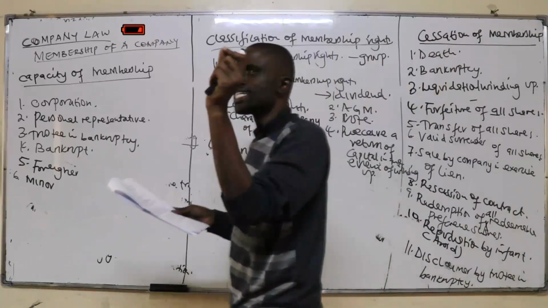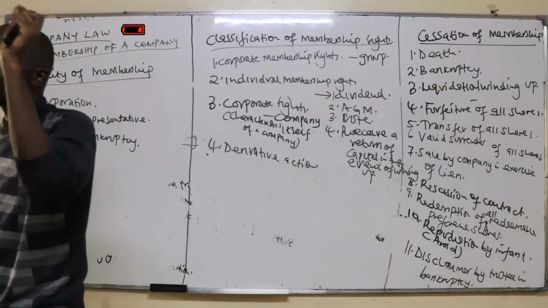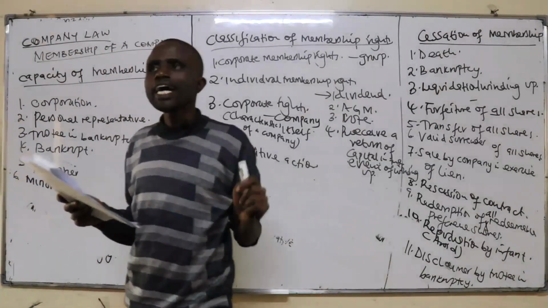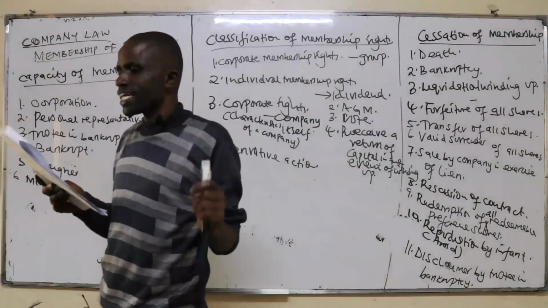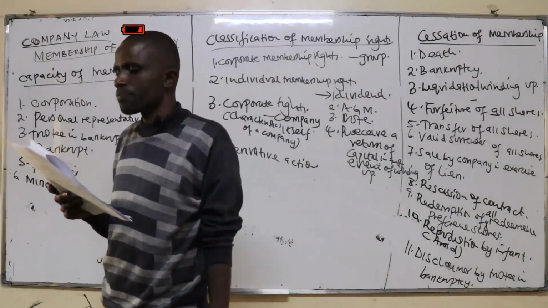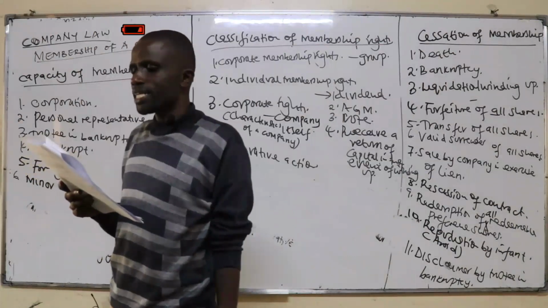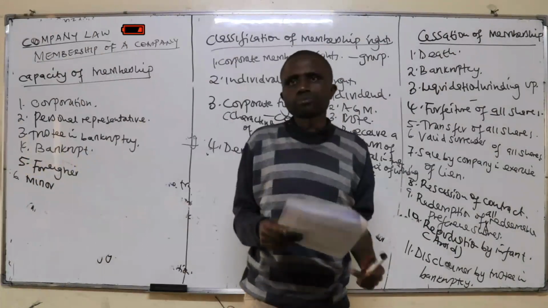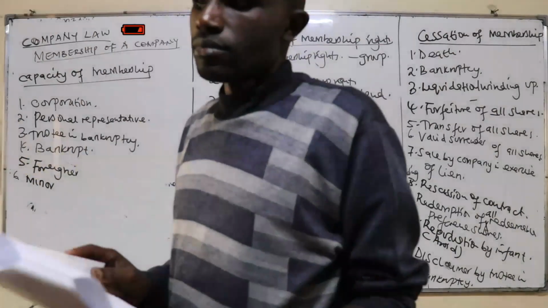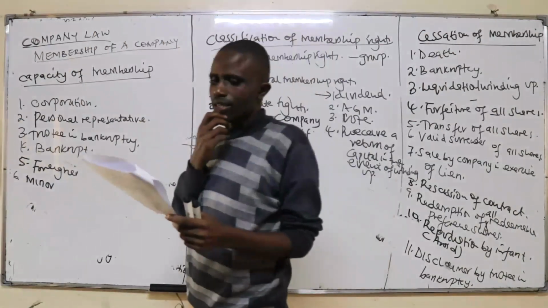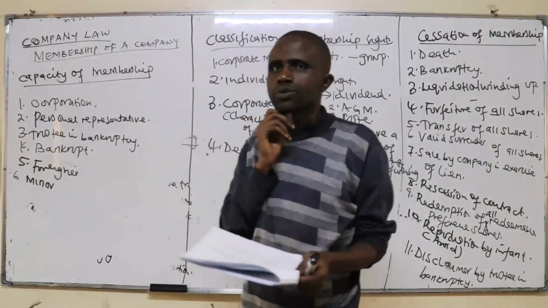Na hizi ni orders in regard to the rectification of the register. 1, refuse the application. 2, order rectification of the register, and the payment by the company of any damage sustained by the aggrieved person. Are we together? Yes. So no notice of trust on the register, you achane nayo, tuende kwa the majority rule.